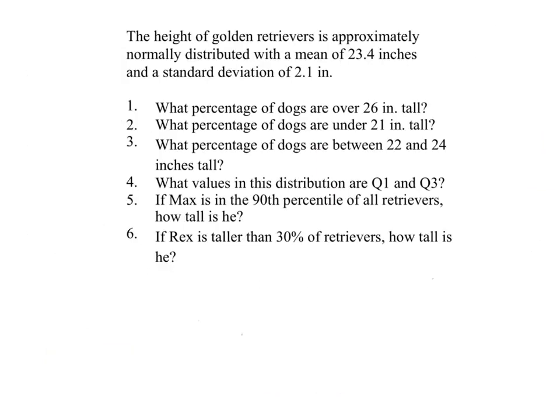All right, let's finish with these last two. If Max is in the 90th percentile of all retrievers, so this is number 5. The 90th percentile, remember, means that 90% of dogs are below Max. So we're looking for, again, a height.